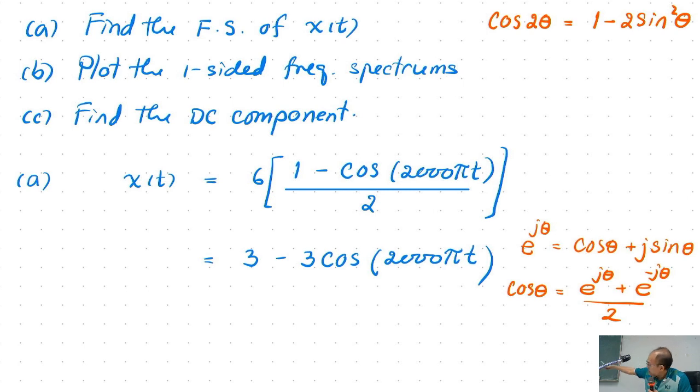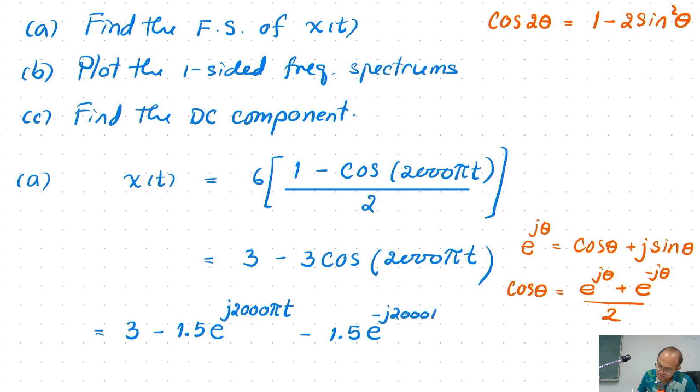So I'm using this on the cosine term there, so I'm gonna get 3 minus 1.5 e to the j 2000 pi t, and minus 1.5 e to the minus j 2000 pi t. Now, can you see something?